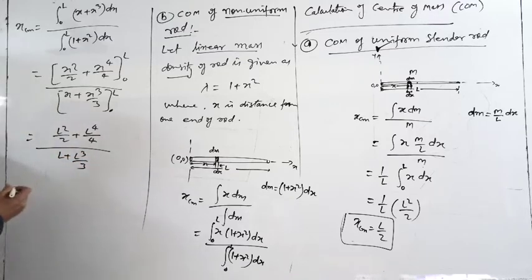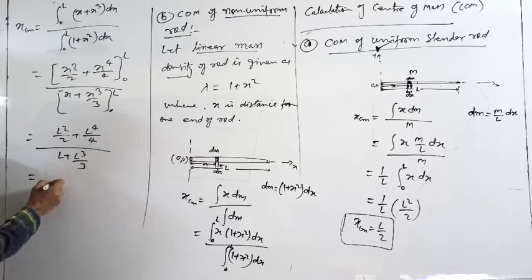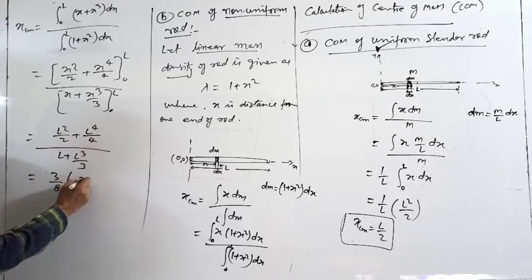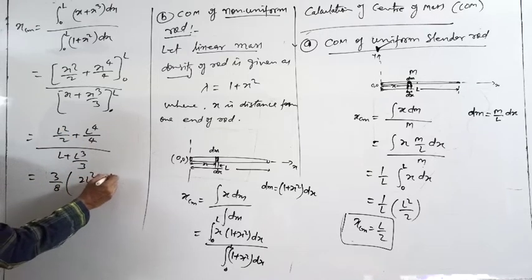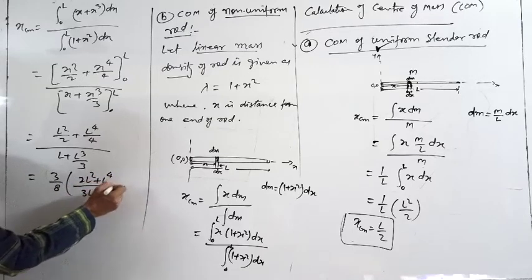And now simplify. So I'll simplify here. So you can write 3 by 8, into 2L square plus L to the power 4, by 3L plus L cube.